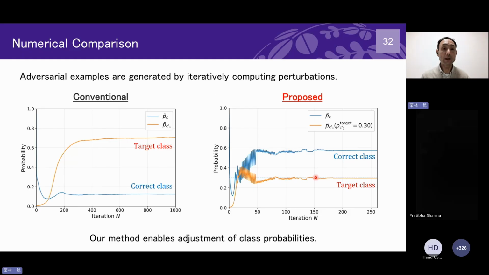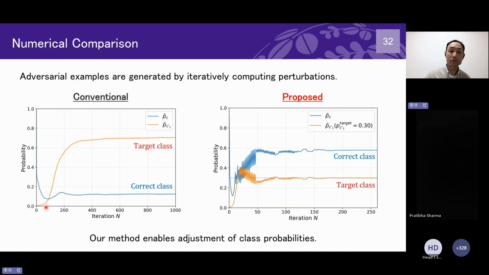This slide shows the numerical comparison of the conventional adversarial attack and the proposed adversarial attack. In the case of the conventional adversarial attack, at first, before the attack, the correct class probability is around 0.4, and the target class is very close to 0.